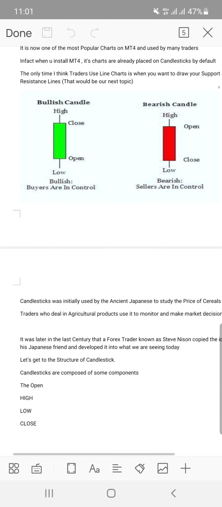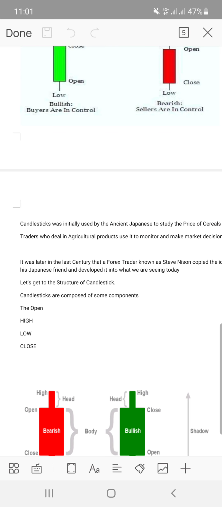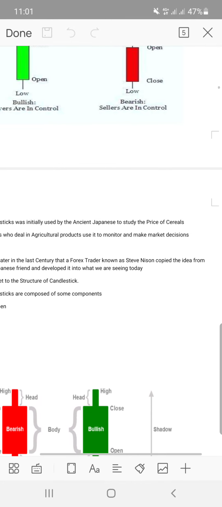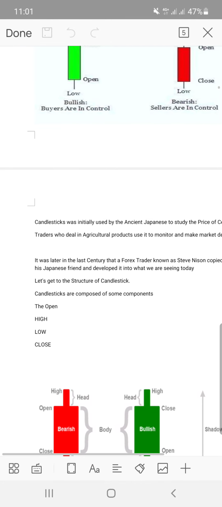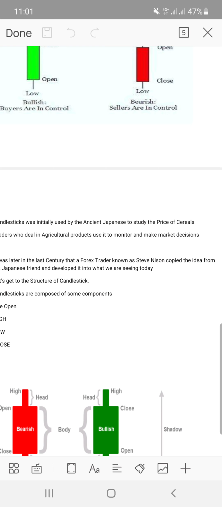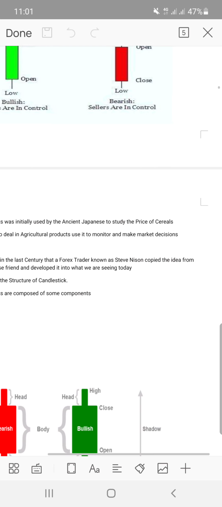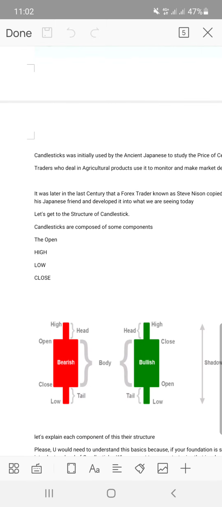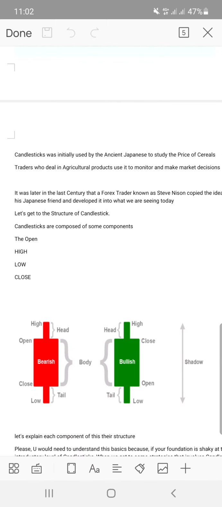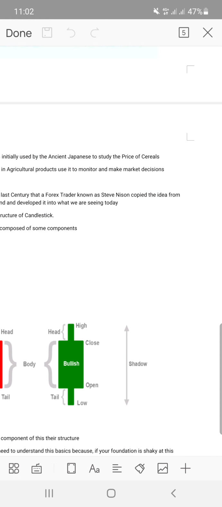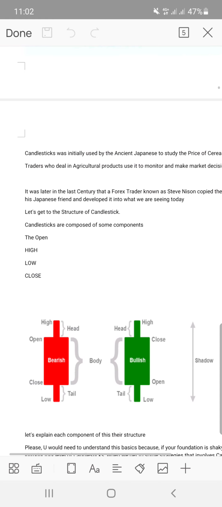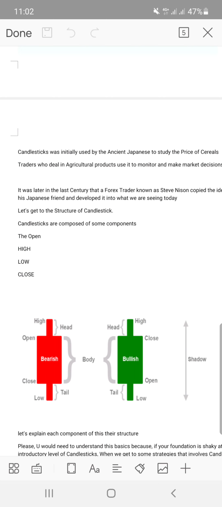So that's just it. Let me give a brief history of candlestick analysis. Candlestick analysis was initially used by ancient Japanese to study the price of cereals. Traders who deal in agricultural products used it to monitor and make market decisions. It was later that a forex trader known as Steve Nison copied the idea from his Japanese friend and developed it into what we see today.